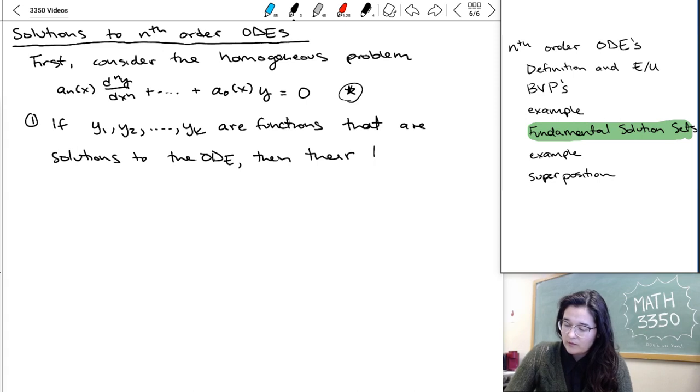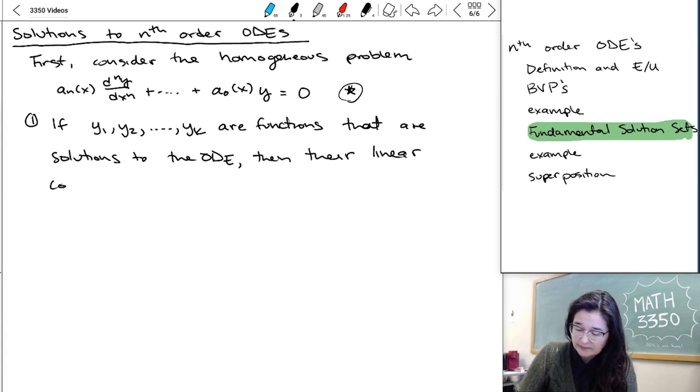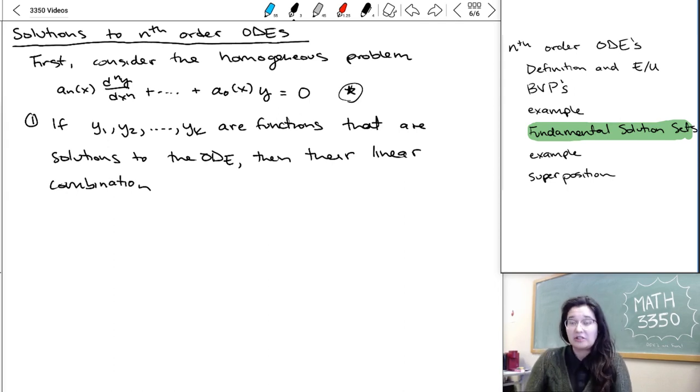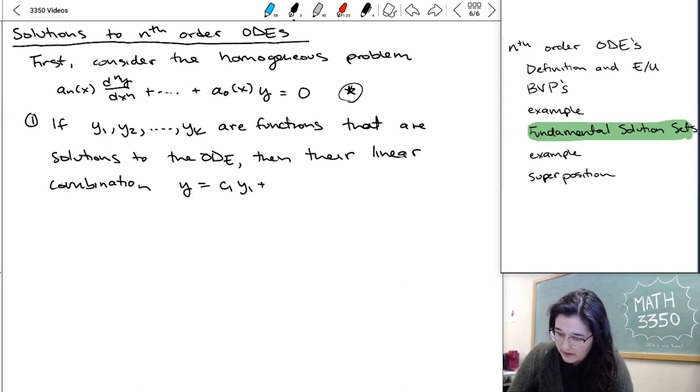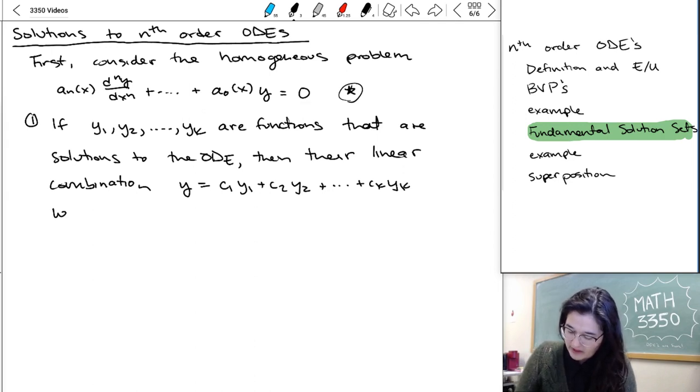Then their linear combination, which is given by y equals c1 y1 plus c2 y2 all the way down to ck yk, is also going to satisfy the ODE.